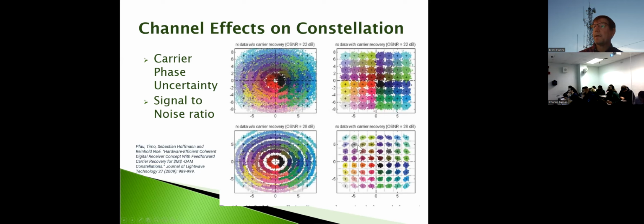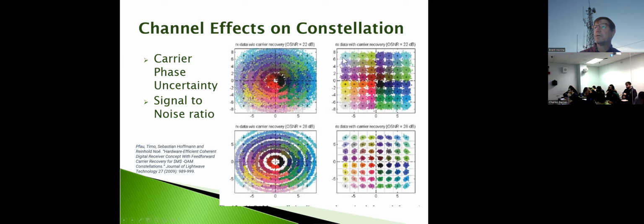The one on the bottom right has an optical signal-to-noise ratio, but the same concept applies in the RF domain, of 28 decibels. So the signal is 28 dB stronger than the noise. That's a lot. This one is only 22 dB stronger than the noise.